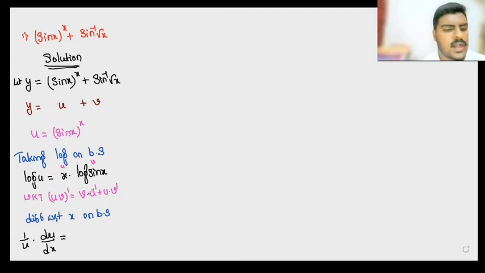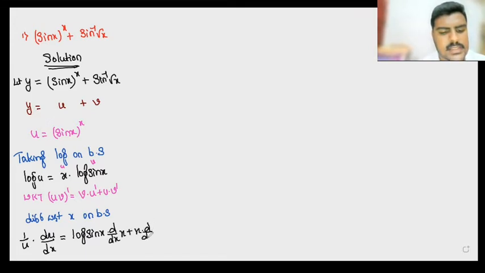According to this formula, it is log sin x into d/dx of x, plus x into d/dx of log sin x.